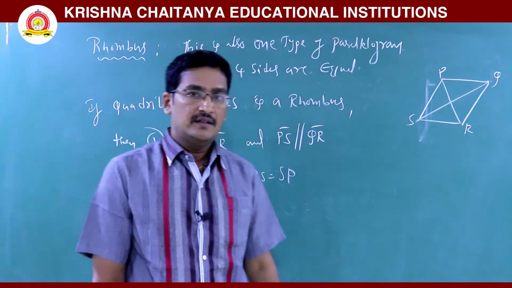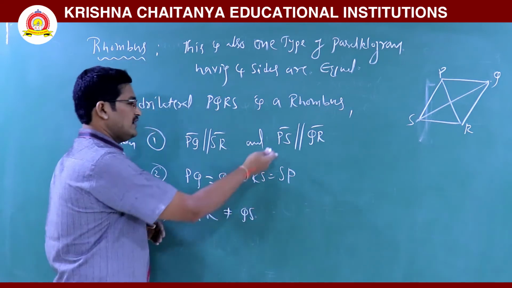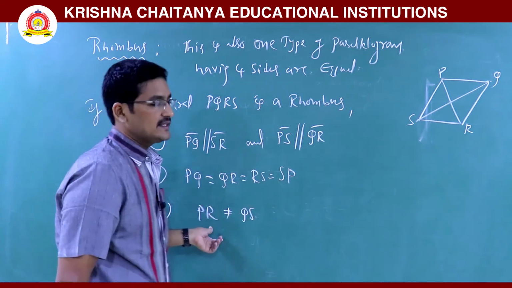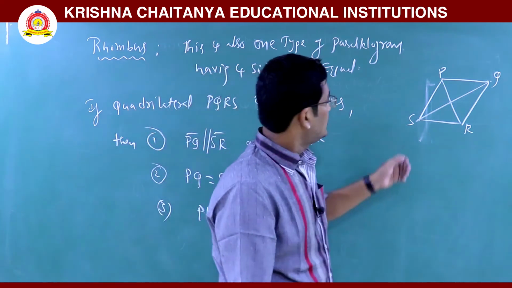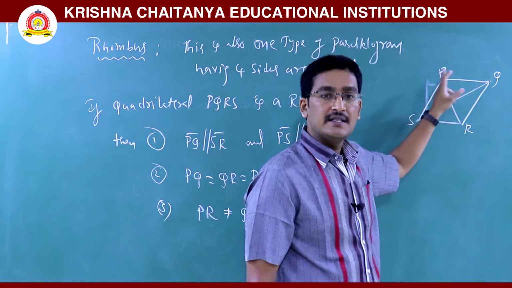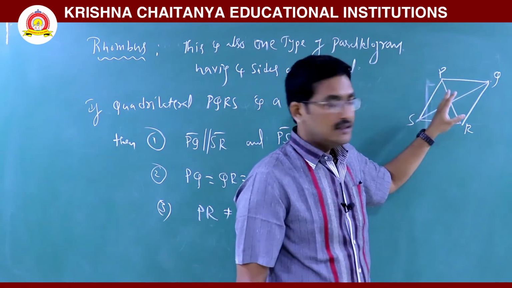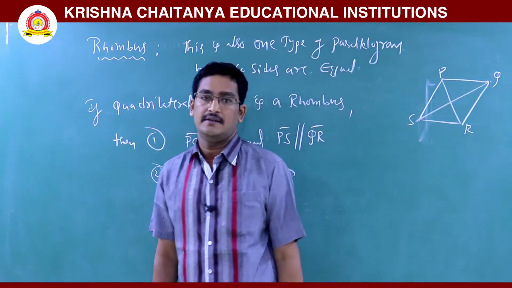What is the difference between the square and the rhombus? The square follows the condition that the lengths of the diagonals should be equal, and also, as already told, the adjacent sides are perpendicular to each other in the square, but here the adjacent sides need not be perpendicular.